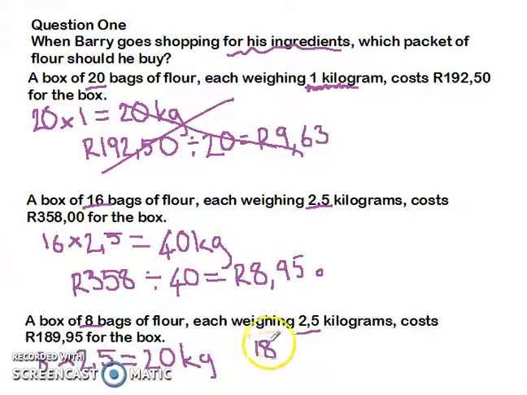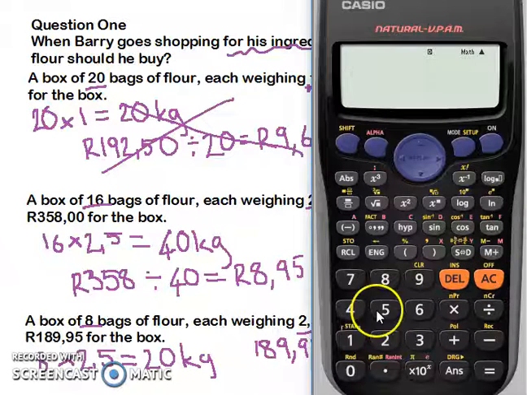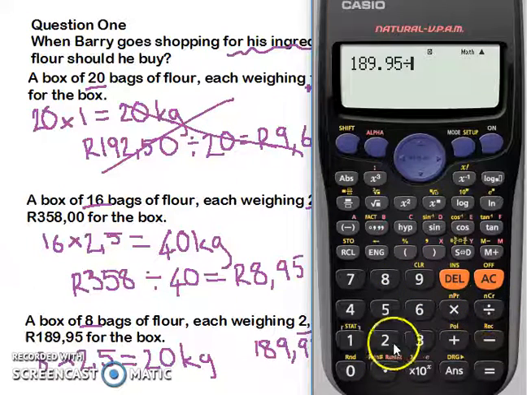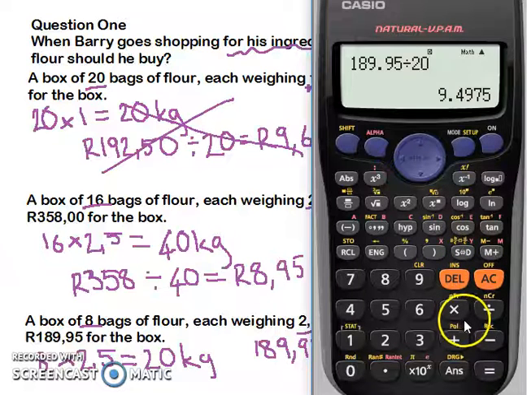So 189.95 divided by 20 gives us, horrible looking answer, 9 Rand 50.